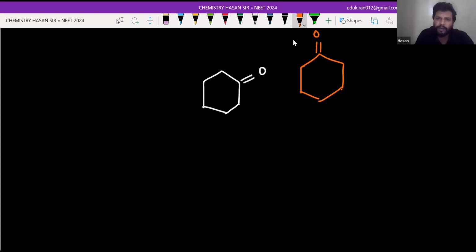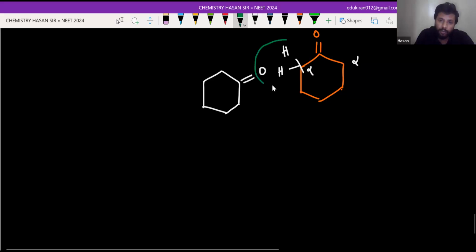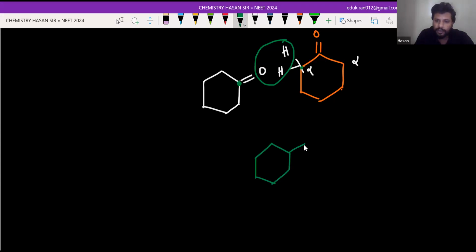You can write it in any way. This is your alpha carbon. For direct aldol condensation, you just need to remove the water and add this carbon double bond to this. So what you will get is very simple. This is your cyclohexane, which is doubly bonded, and it will go like this and double bond, something like this.